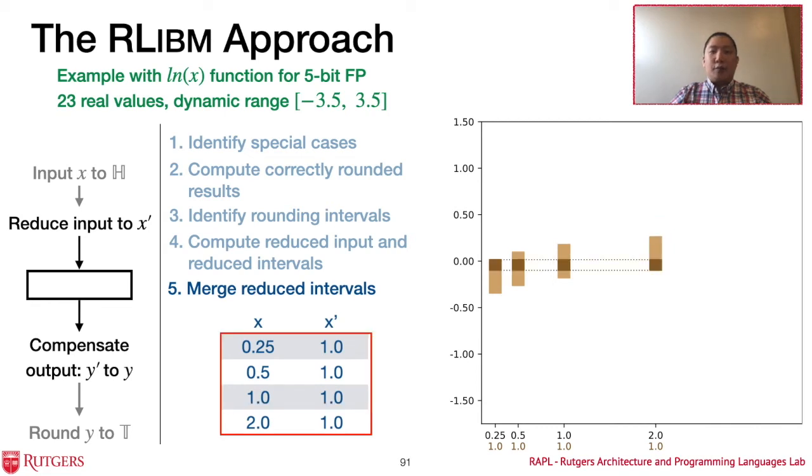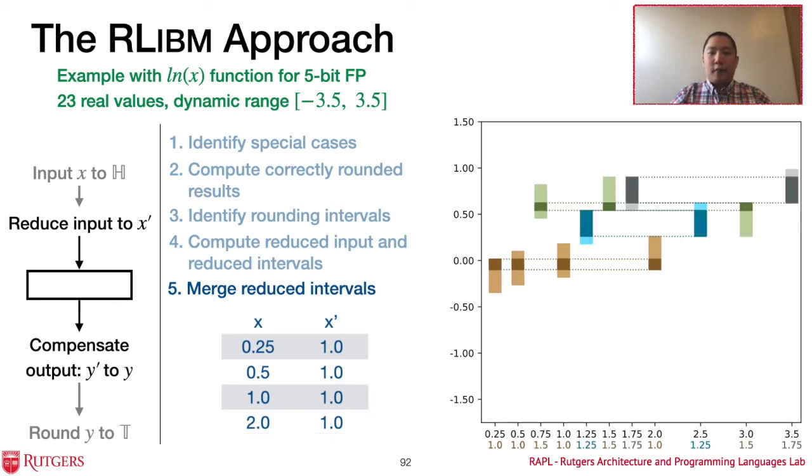In other words, our polynomial approximation, p of 1.0, must produce a value in all 4 of the reduced intervals for our natural log of x to produce the correctly rounded results for the inputs 0.25, 0.5, 1.0, and 2.0.